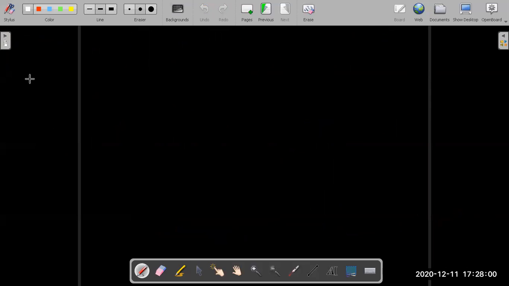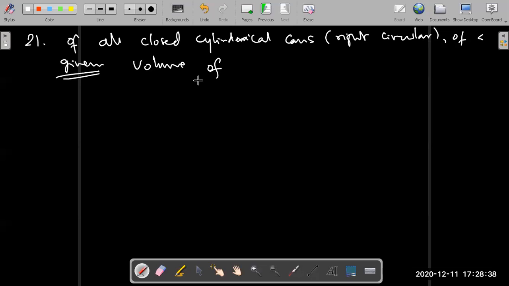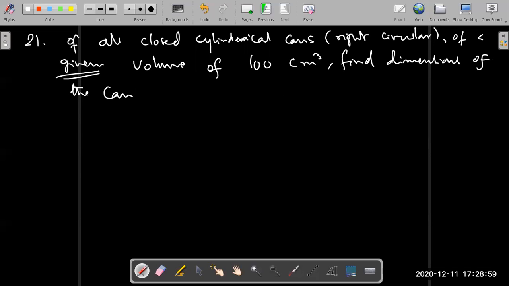So we go with question 21. Of all closed cylindrical cans of a given volume of 100 cubic centimeters, find the dimensions of the can which has a minimum surface area.